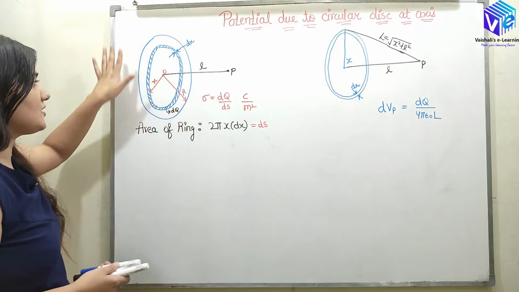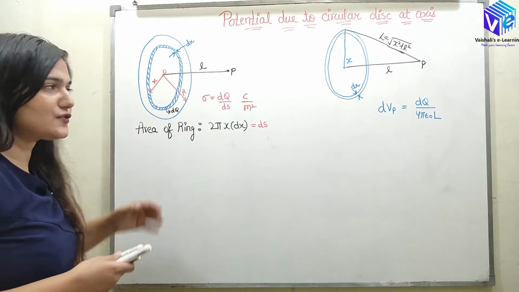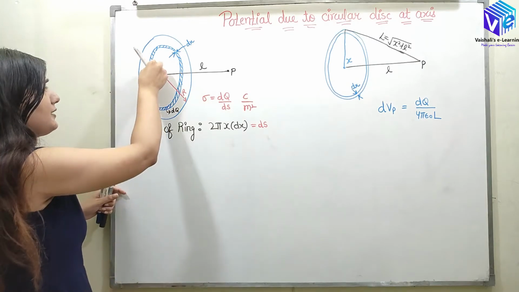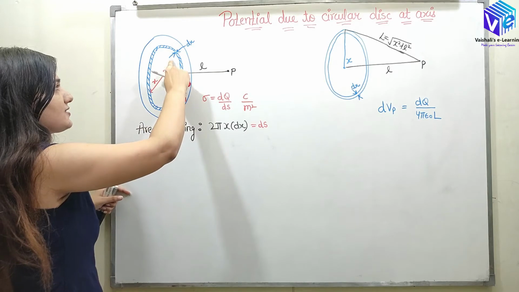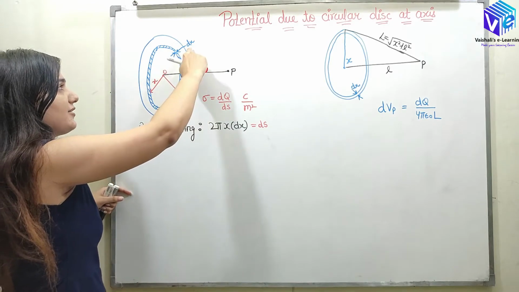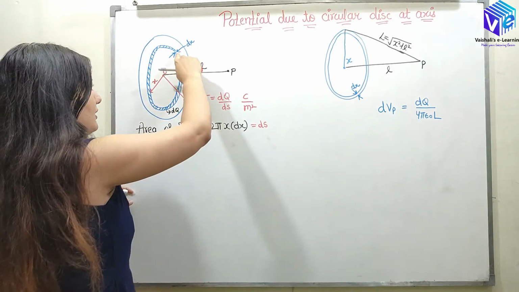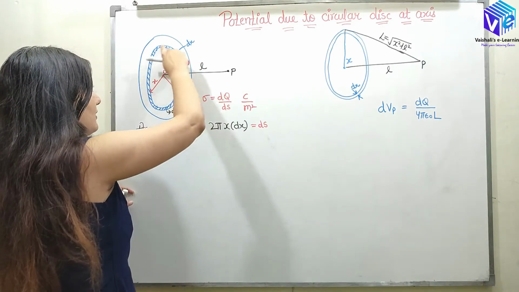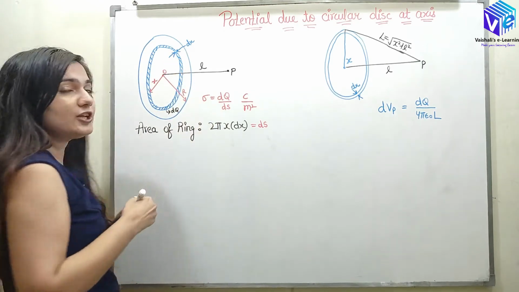So let's suppose this is my disk. It is uniformly charged, so the overall charge is q. I have taken a very small circular ring segment, which has very small thickness, dx. So this is the circular ring over here, and now I will be talking about the charge.